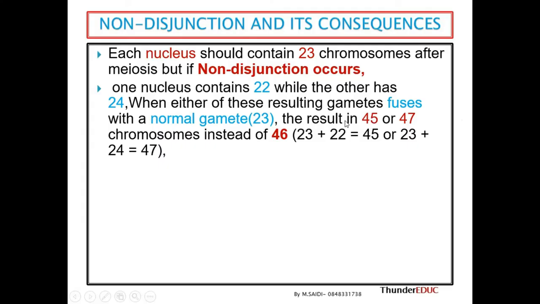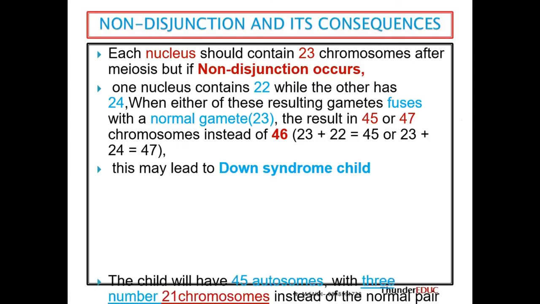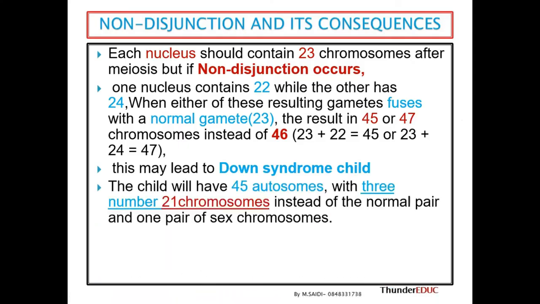That's why they're saying that it results in 45 or 47 chromosomes instead of 46. 23 plus 22, you get 45. We have explained that. And 23 and 24, you get 47 instead of 46, which is 23 plus 23. So this will lead to a child having what you call Down syndrome. The child will have 45 autosomes with 3 chromosome number 21.